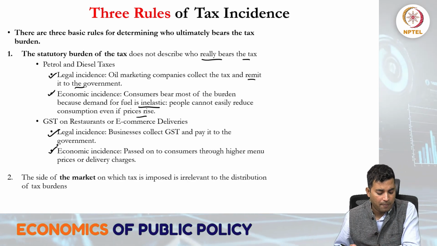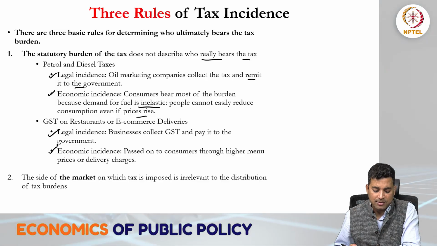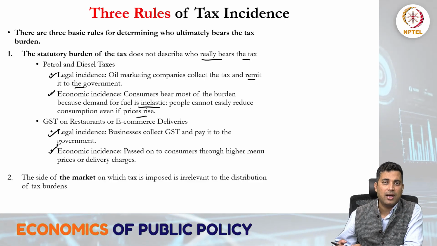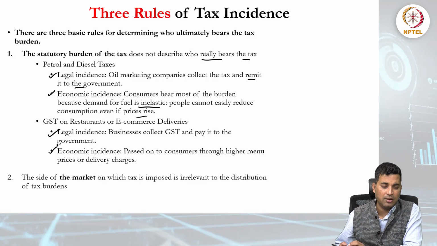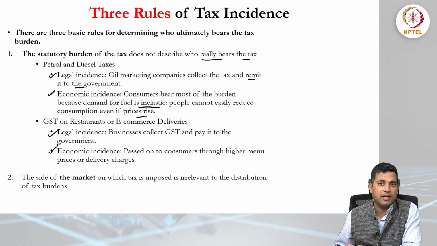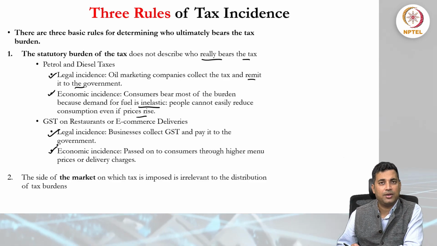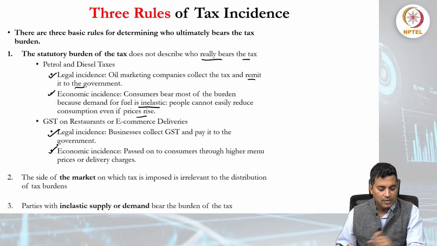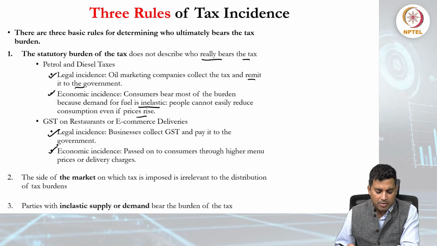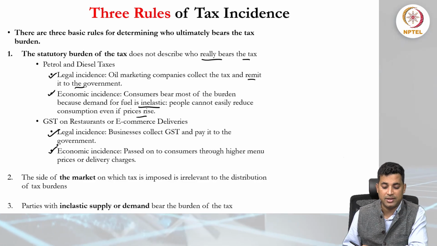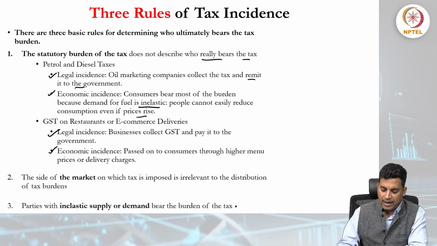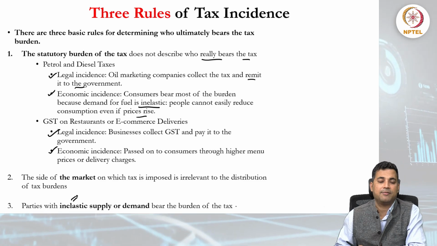The second point is that the side of the market on which tax is imposed is irrelevant to the distribution of the tax burden. The market decides how much, and the equilibrium level or prices get decided, and that is how the tax is also decided. The parties with inelastic supply or demand, and I am reiterating because this comes as a rule, bear the burden of the tax. So inelasticity is very important.